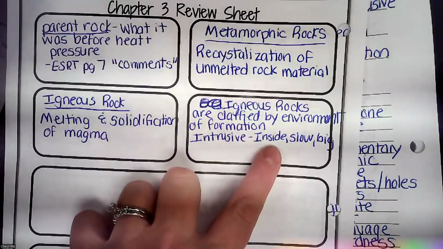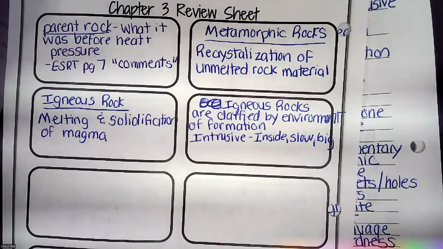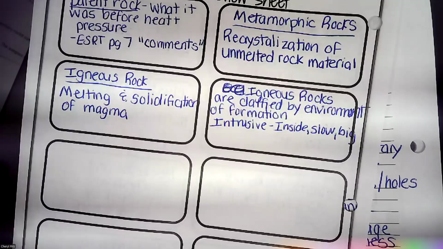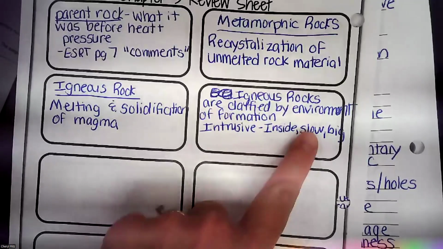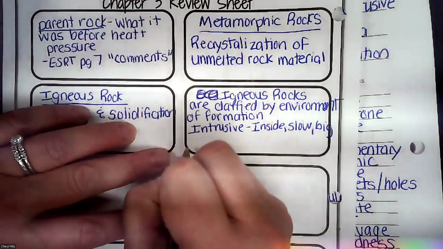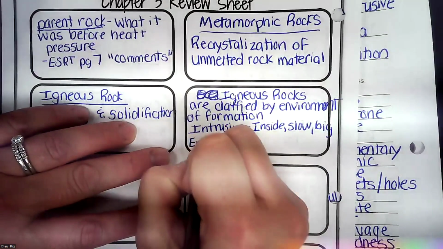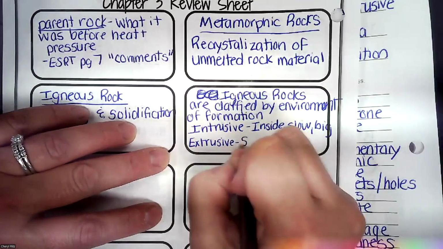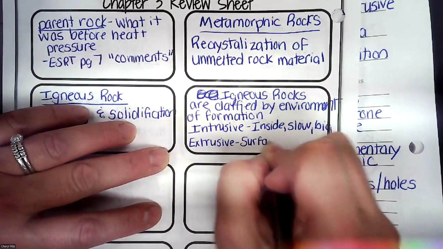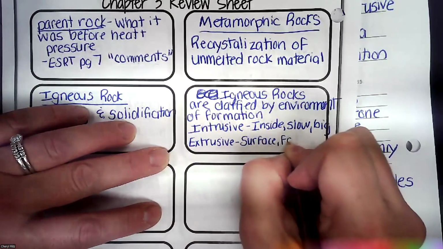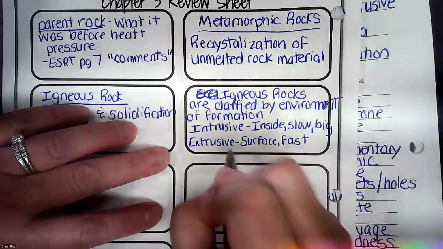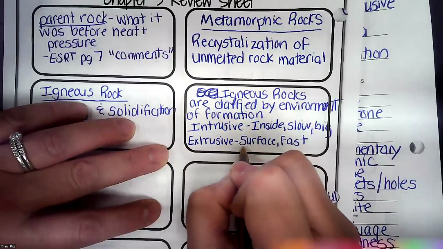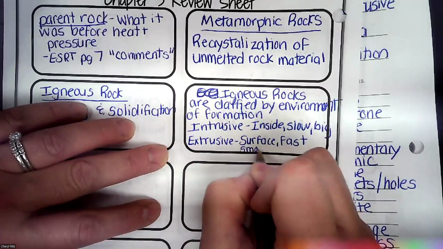If it doesn't, you'll have to go back to your reference or your Regents packet and realize that they form inside, they cool slow, and they have big crystals versus extrusive. They cool on the surface. They cool fast. And they have small or no crystals.